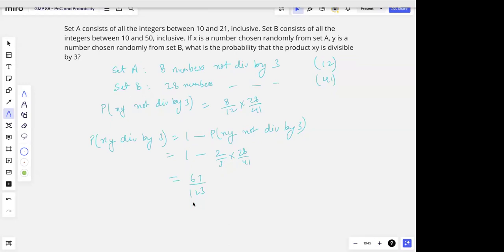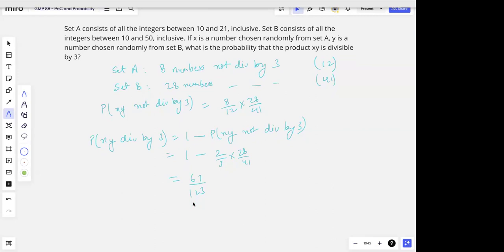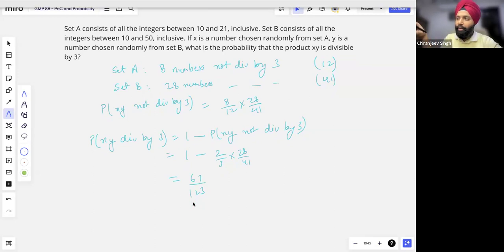For solving this question, this is the easiest way. But if your objective is to learn, then we should try to do it other ways also. So this is the answer. I think most of you got this right.